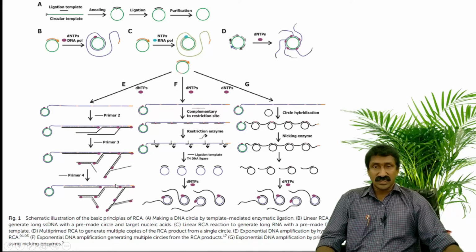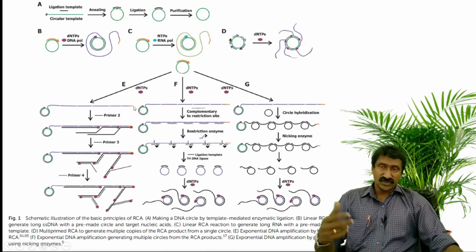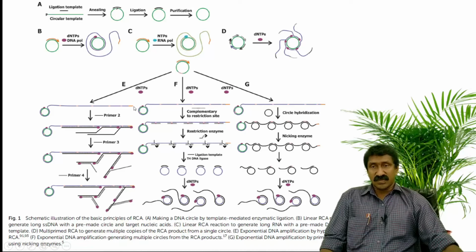So this results in large scale amplification of the target DNA. This is the target DNA which is circularized. The initial DNA copy is produced using rolling circle replication. Then the DNA polymerase will bind to that template and amplify the longer stretch of DNA using primer 1, primer 2, or primer 3, primer 4, etc. So all the primers will simultaneously amplify, producing sufficiently larger quantities of the product.